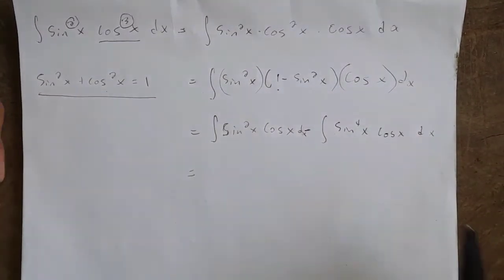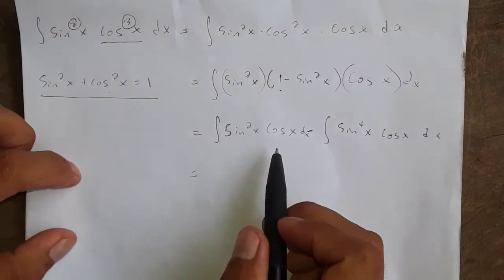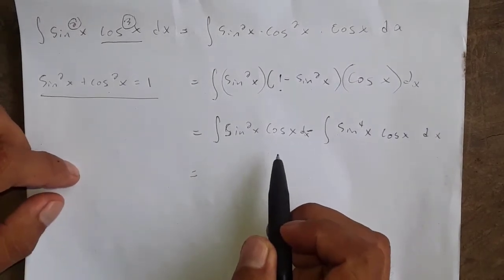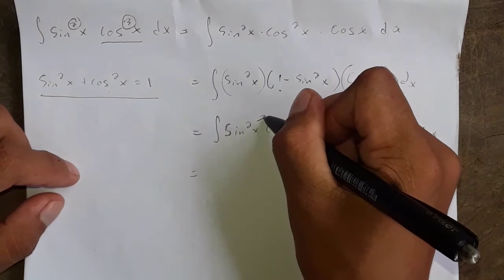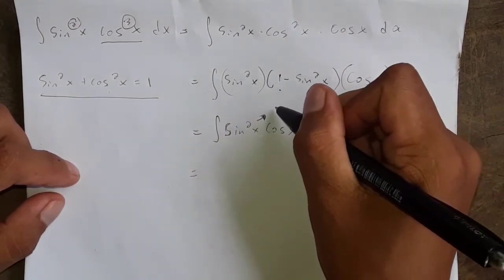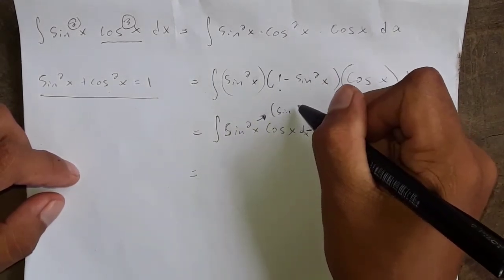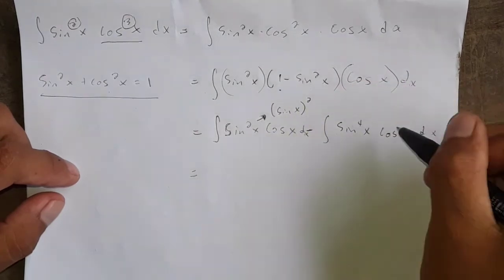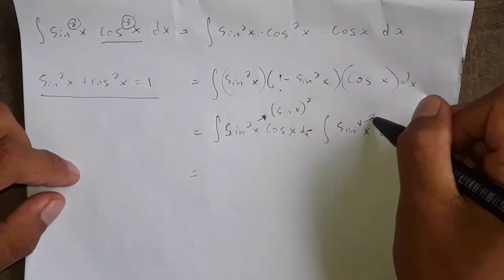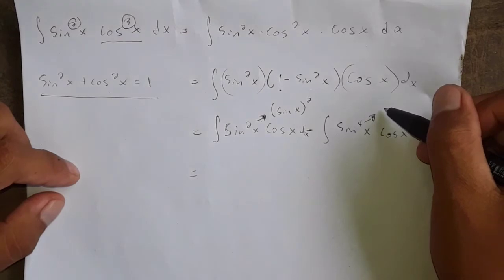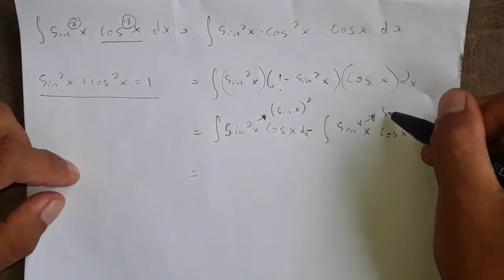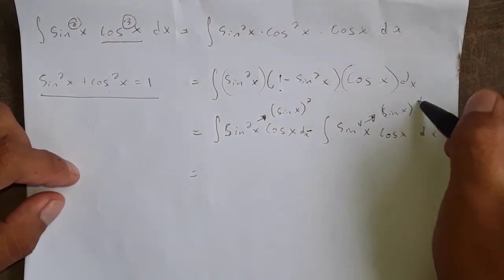In simplifying, we're going to use u and du as a representation. We're going to write this as sine of x raised to 2, and this as sine of x raised to 4.